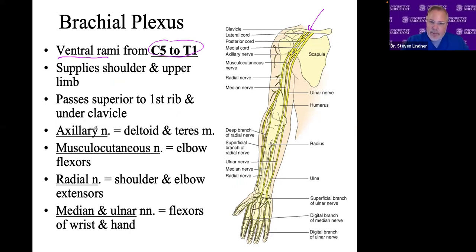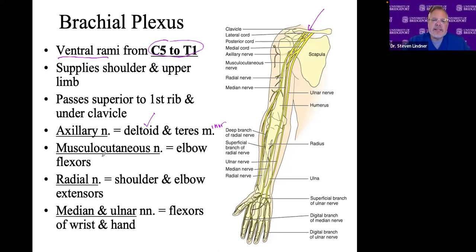So remember those terminal branches that I mentioned before? The axillary nerve goes to your deltoid muscle, and it goes to your teres minor. When you see a small m, typically it means minor. If you see a capital M, it typically means major. So the axillary nerve goes to the deltoid and teres minor.